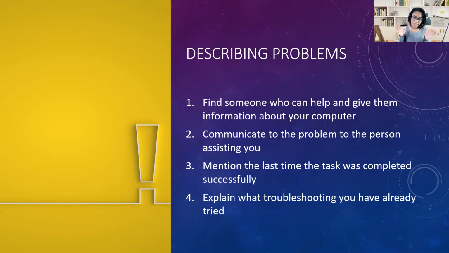So in this step, saying it's broken, it doesn't work, I can't do it, I'm not good at computers, doesn't really help the person trying to help you. Communicating your problem in as detailed a way as possible is really beneficial to making the whole interaction go smoothly and getting whatever's broken fixed, really and truly.